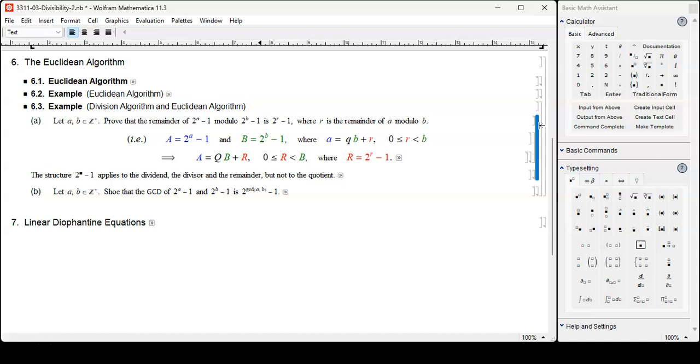Now, before starting this proof, do you see the apparent beauty of it? 2 to the something power minus 1 is being preserved. What's so special about that? It applies to the dividend, the divisor, and also the remainder. But not the quotient. Quotient is different.